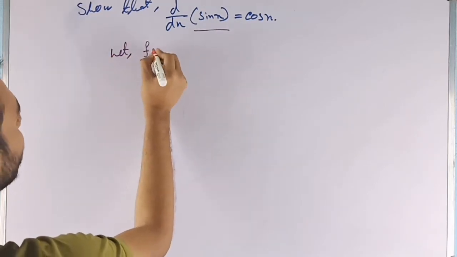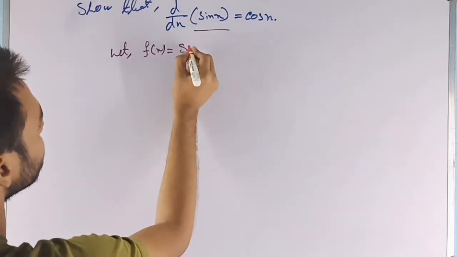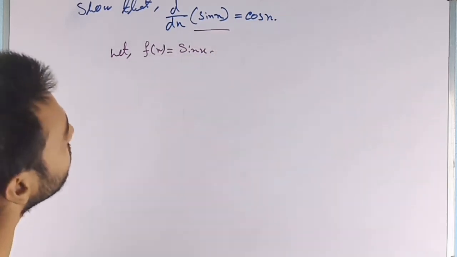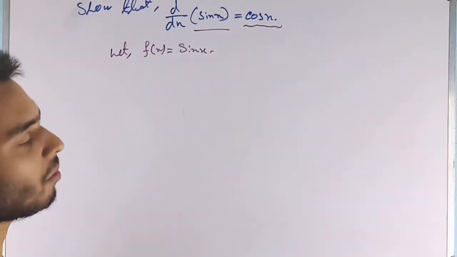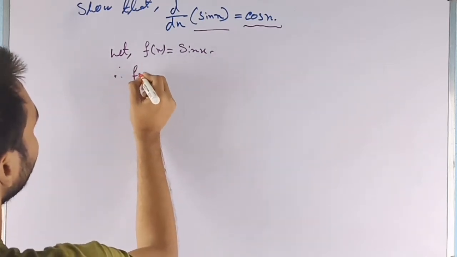So let f of x equal sin x, as in the first problem, and cos x will come out.